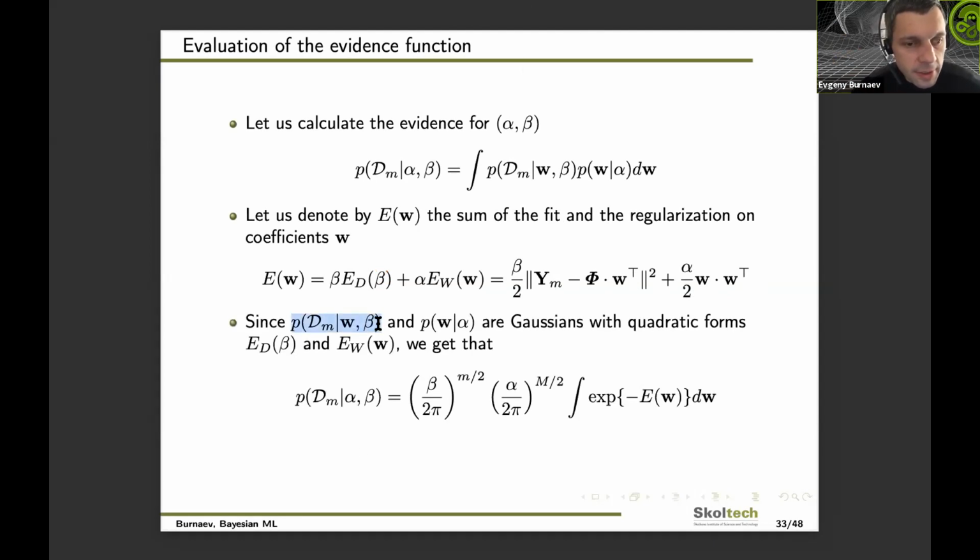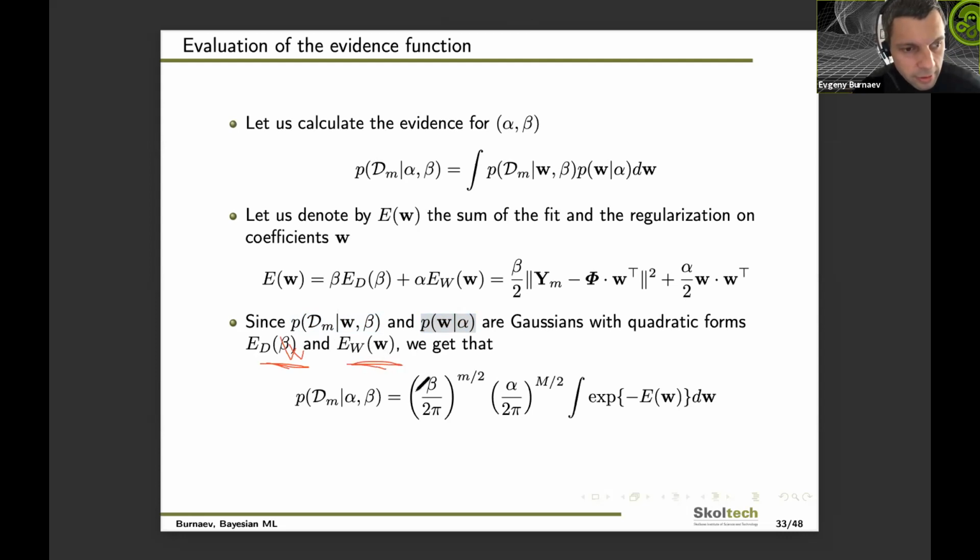Since the likelihood function is Gaussian, it is given by the Gaussian distribution. And because the prior distribution is also Gaussian, the quadratic forms of these Gaussian distributions are given by this function and this function.